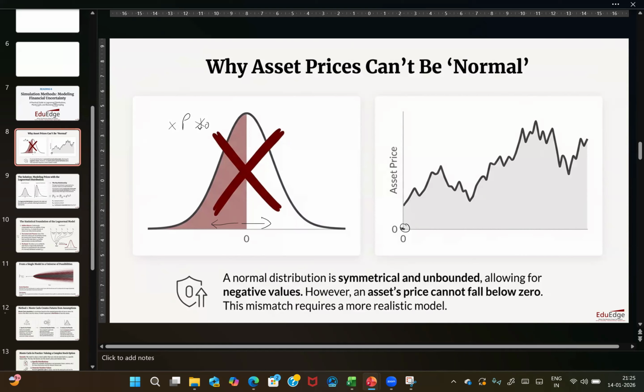So then we need to hunt for a distribution which can be used for modeling purposes, which can probably model asset price. So instead of saying that price is normally distributed, which is not possible, let's assume that return is normally distributed. If we say that, theoretically it makes sense because there could be values above zero, there could be values below zero. Returns are permitted to have, theoretically, values way above zero, way below zero.